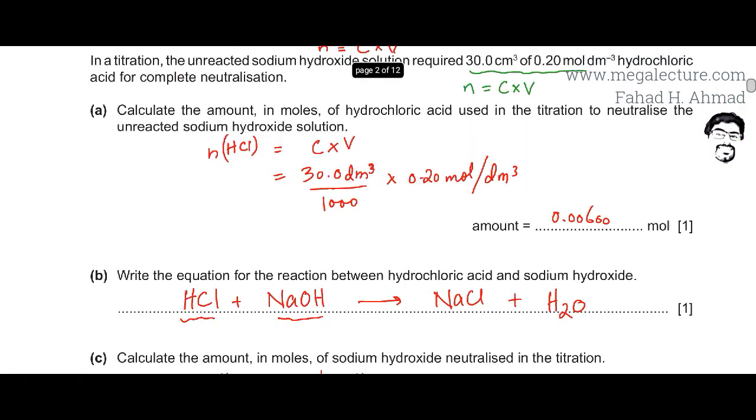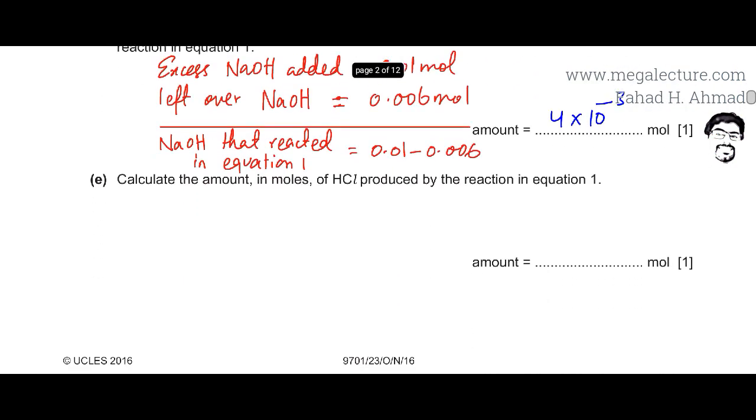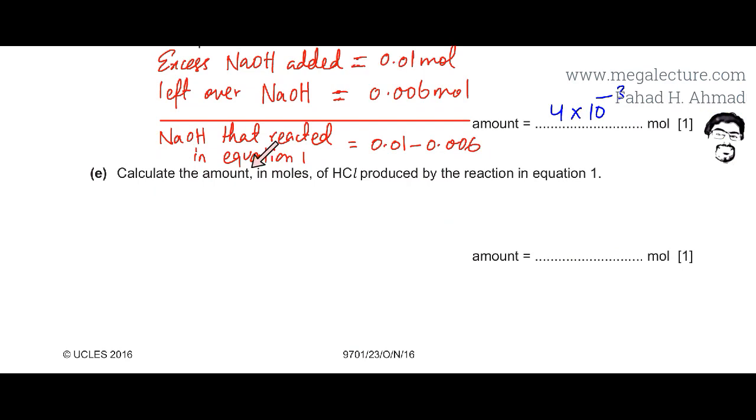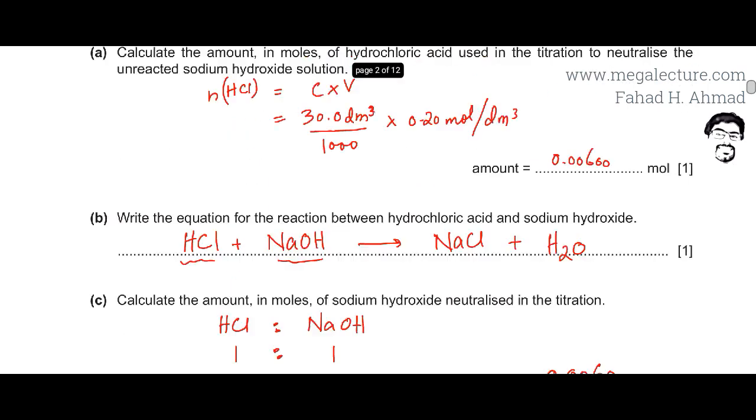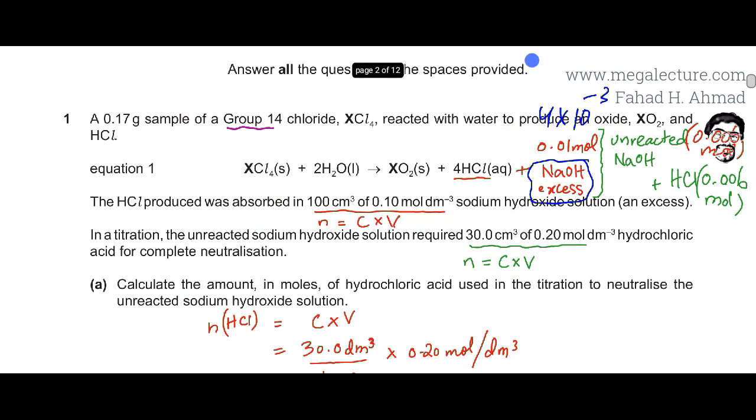So let's go back and have a look at the next part of the question, which is, we now need to calculate the amount in moles of HCl produced by the reaction in equation 1. According to our equation, we know that NaOH and HCl react in a 1:1 ratio, which is an equal ratio. So going back to our original equation, the HCl that is produced in this reaction reacted with this amount of NaOH, and I know that the ratio is the same.